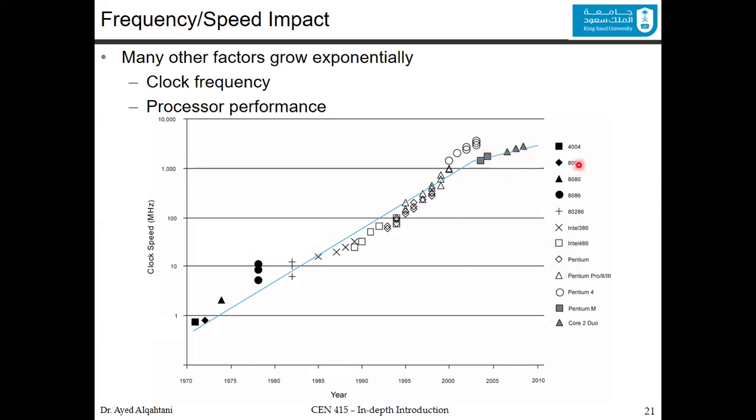Here in this plot, we have different processors. As you can see, the last one of them is the triangle one here with many versions. They are the Core 2 Duo at that time, and they were reaching about 3 gigahertz. Up to this day, no processor achieved more than 10,000 megahertz, which is 10 gigahertz.